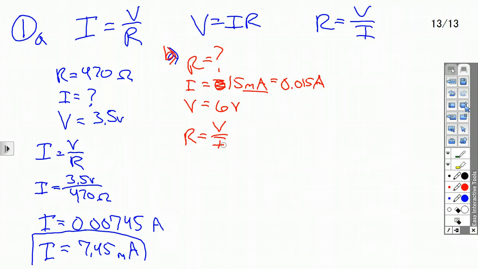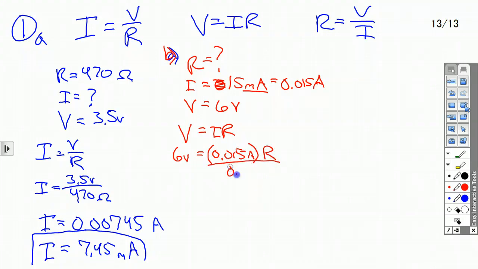If you wanted to plug it in the other way, because you don't have that written out separately, you could always start from V equals IR, plug in your voltage, 6 volts, plug in your current, 0.015 amps, times resistance. You're dividing by 0.015 because you want to get resistance by itself.